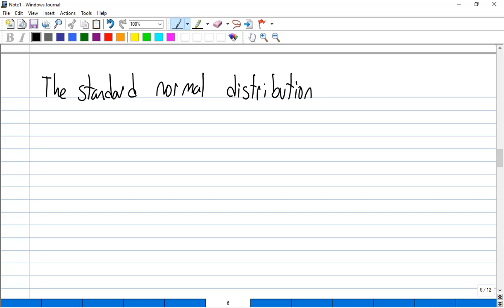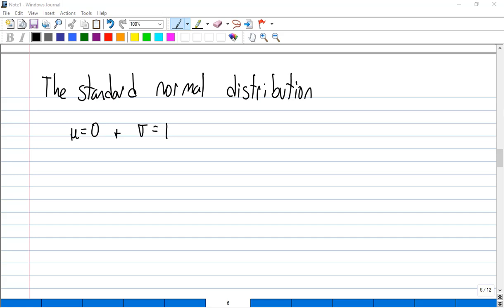All right? And so the standard normal distribution will always have a mean equal to 0 and a standard deviation equal to 1. That's a very important property of the standard normal distribution.